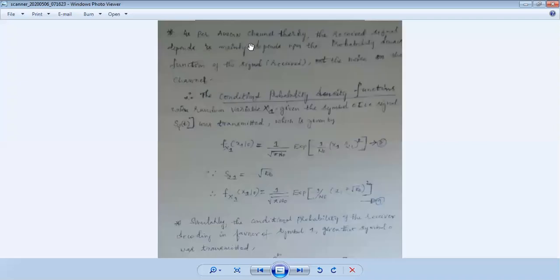So look back, what is the error probability detected by the receiver? As per the AWGN theory, the received signal mainly depends upon the probability function of the signal received, not on the noise. That is very clear. We defined it in the signal space.